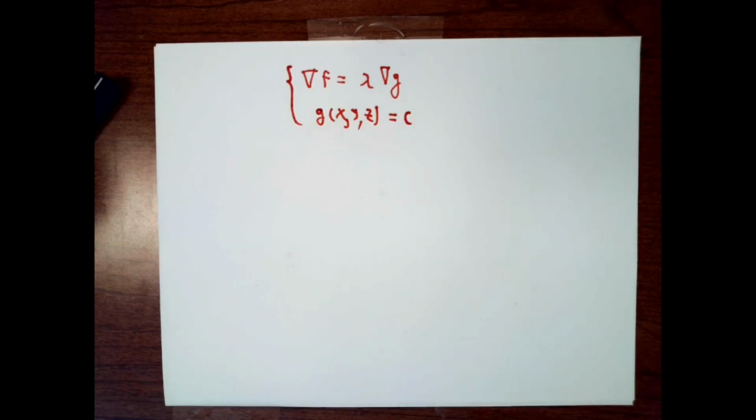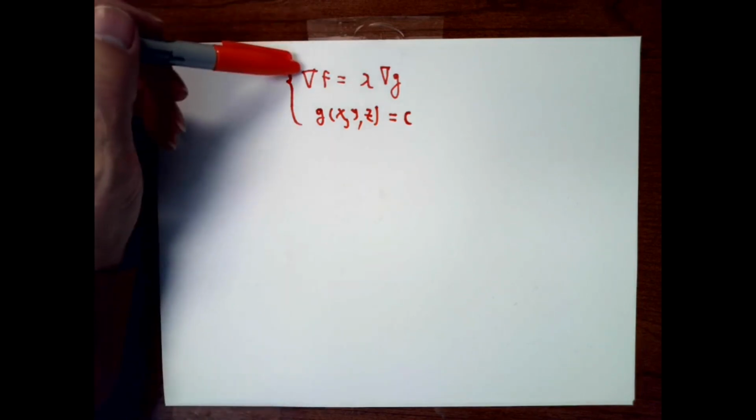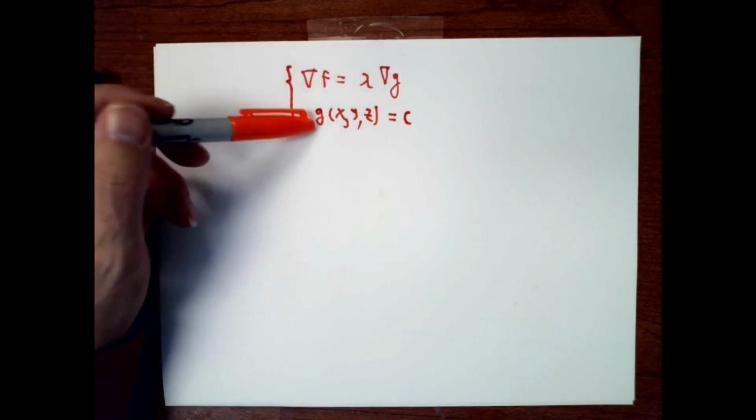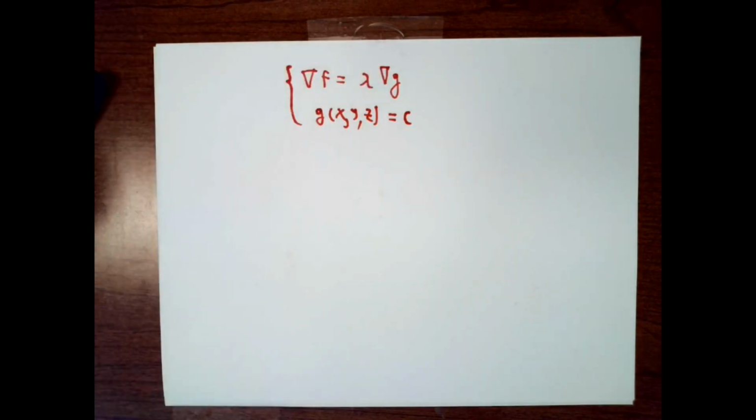The thing that corresponds to f prime of x equals 0 is gradient of f equals lambda times gradient of g, and g of x, y, and z must be the appropriate value. If you're wondering, there is a second derivative test for this situation, but it would be inappropriate to talk about it at this juncture.